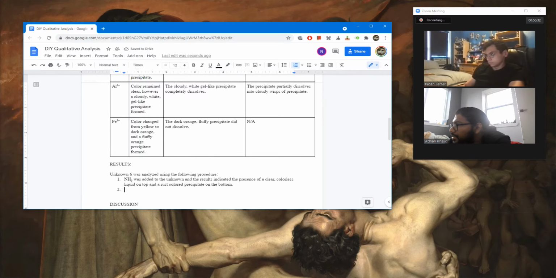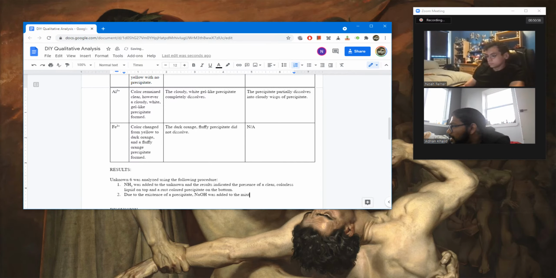Then NaOH. Okay, so due to the existence of a precipitate, NaOH was added to the mixture, and the rust-colored precipitate did not dissolve and remained intact.